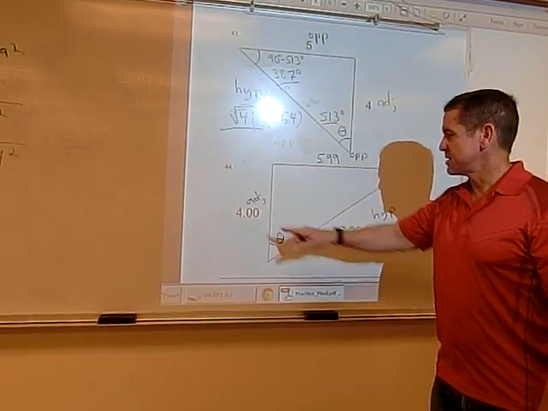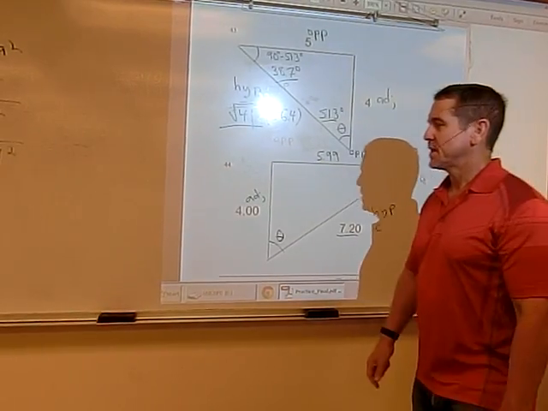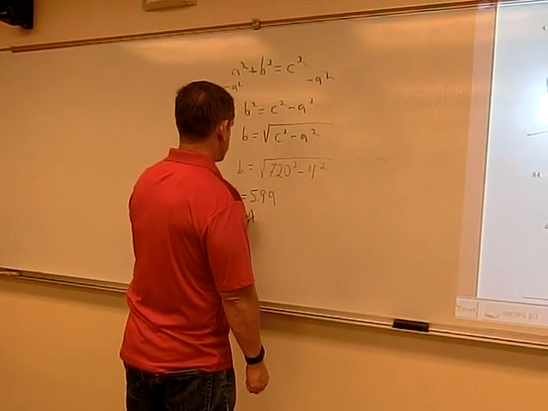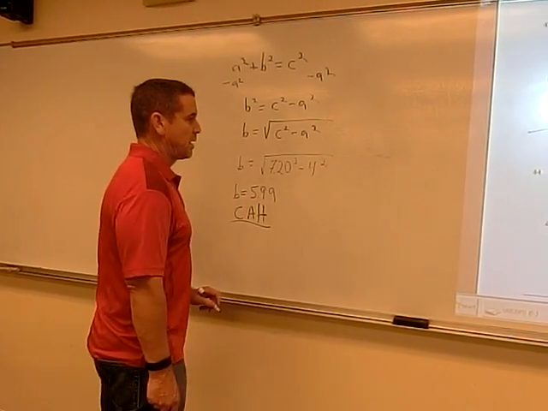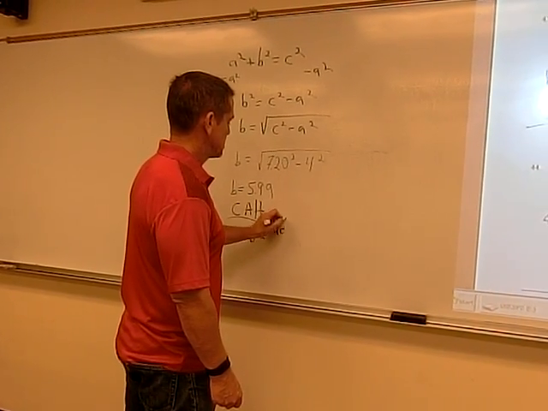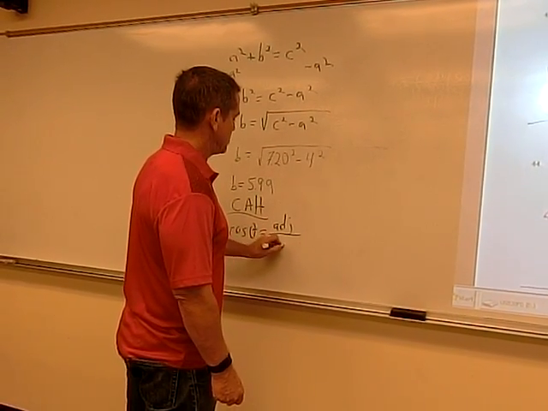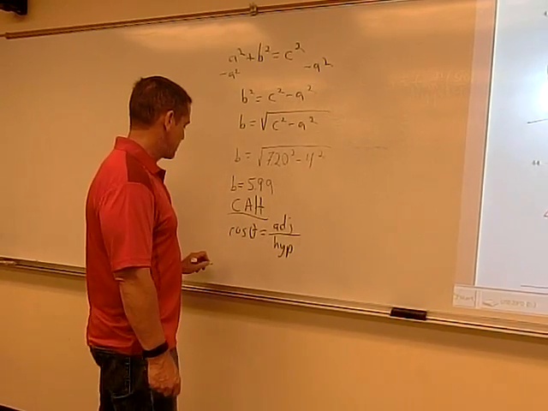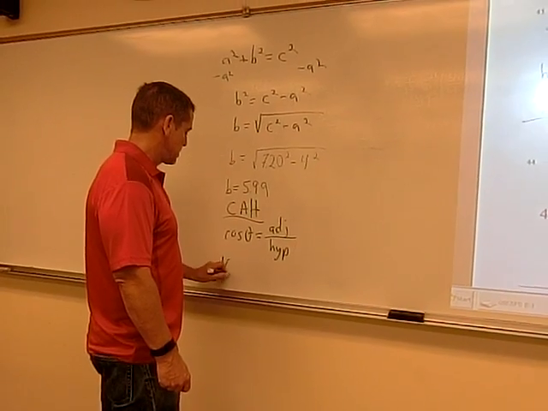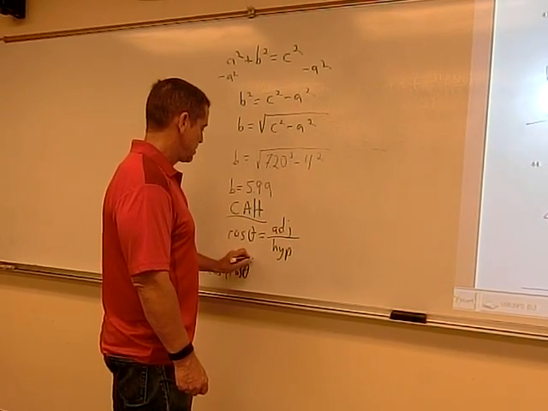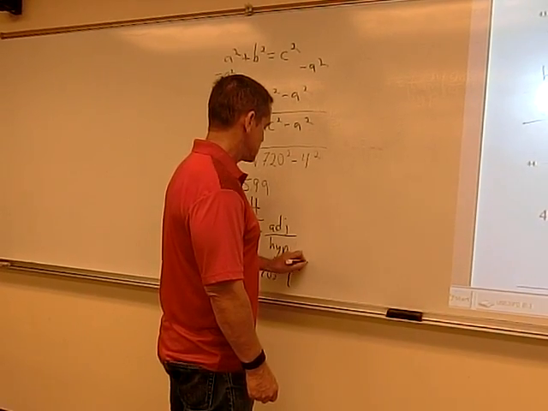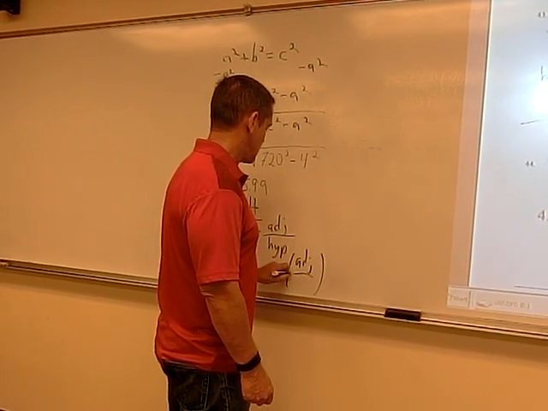Since we got the adjacent and the hypotenuse, I'm going to use the CAH, which says cosine of theta is equal to the adjacent over the hypotenuse. We do the same trick. To solve for the angle, you take the inverse cosine of the cosine, and that's equal to the inverse cosine of the adjacent over the hypotenuse.